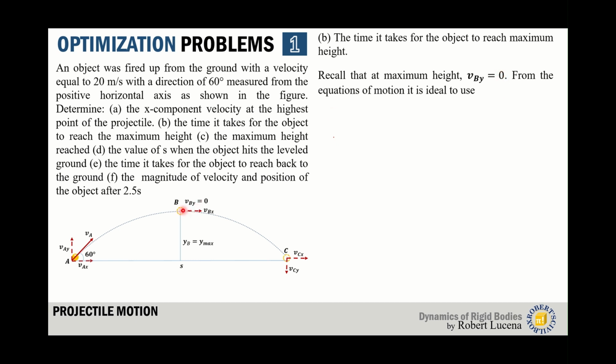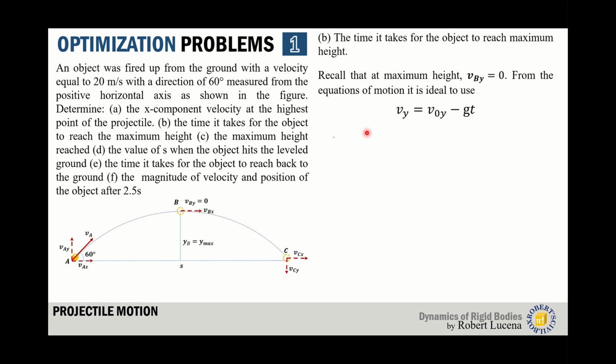It's because we reached the maximum height of the projectile, wherein a positive value of y component gradually decreases until it reaches a 0 value, and then it will start to gain a negative value of y component velocity. So this point B, where the y component velocity is 0, is taken as the maximum height attained by the particle.